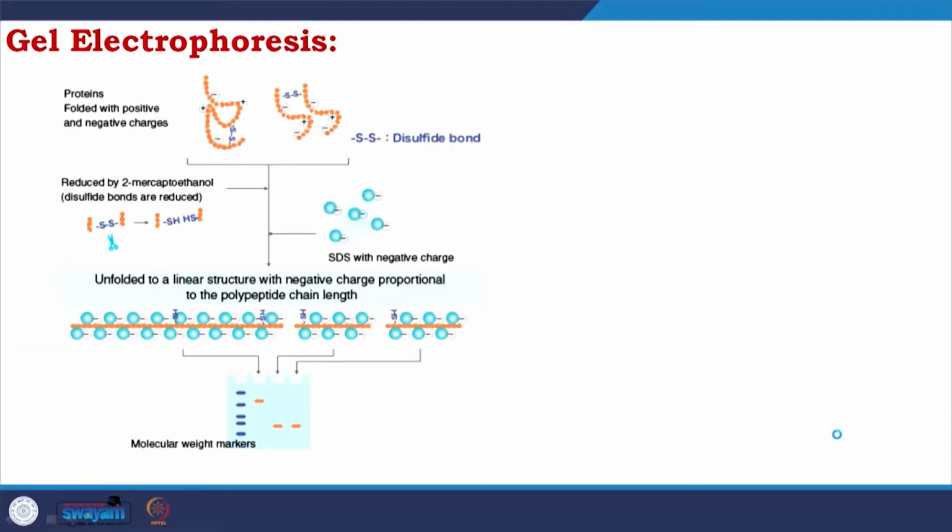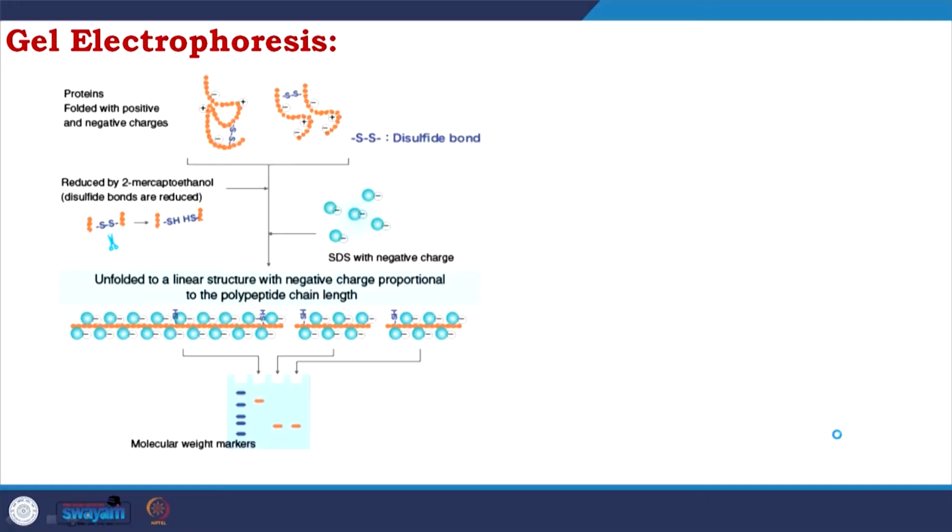When you add mercaptoethanol, the disulfide bond breaks, then you boil it, so it is denatured. Again you add SDS, which also helps it denature, but more importantly SDS being a negatively charged ion, now the entire protein is bound with SDS. So, all of them are negatively charged.